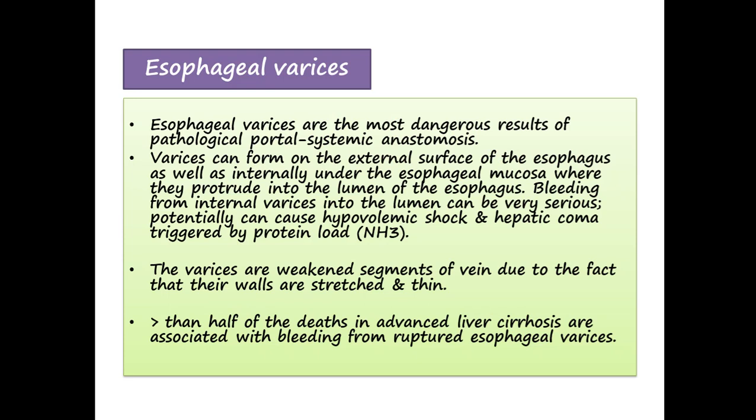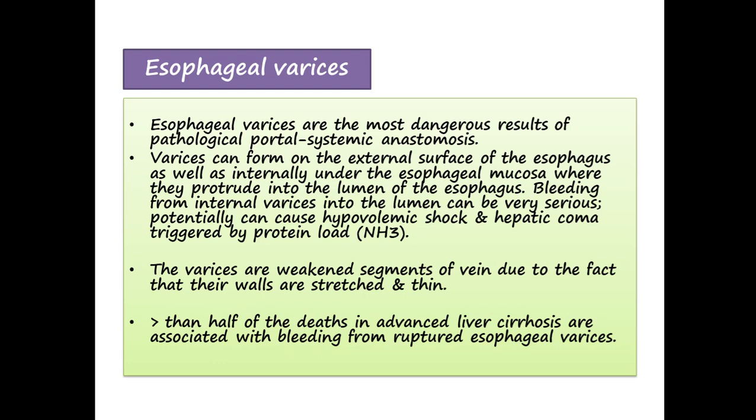Now, what are esophageal varices? Esophageal varices are the most problematic and dangerous complication of the pathological portal systemic anastomosis. Physiologically, when the pressure in the caval blood and in the portal blood is equal, very little blood can be exchanged between the two circulations. But in conditions where the pressure in the portal vein is increased, the condition is known as portal hypertension.